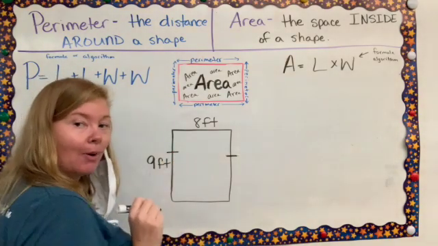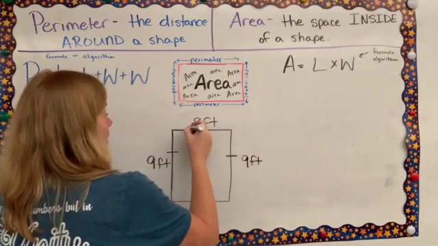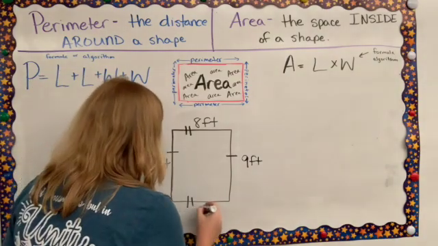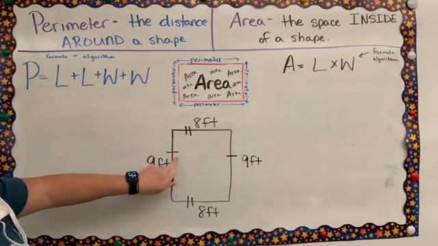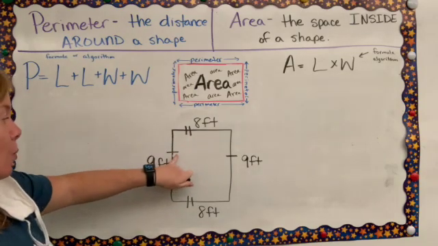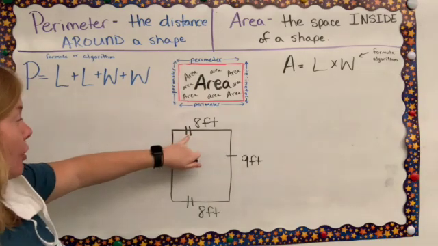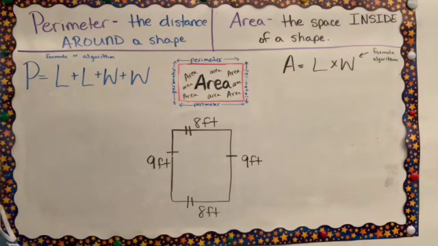You guys are so smart. If this one is 8 feet, love it, so is this one down here. Remember, my symbols show me which two are equivalent. So if it's one line, it's equivalent with the other side that is one line. If there are 2 lines, then it's equivalent with the other side that is 2 lines.